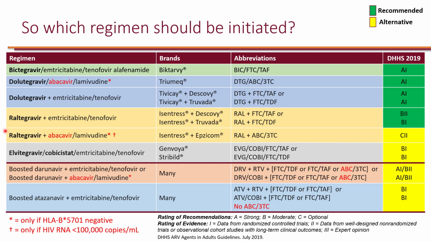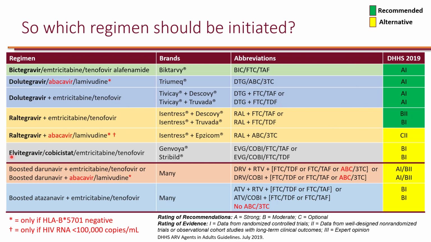This is primarily because for abacavir you need to get the HLA-B*5701, but it also makes it more complicated because with this regimen you should only use it if the HIV RNA level, or the viral load, at baseline is less than 100,000. And that's because if the viral load was higher than 100,000, this combination with this backbone is not as efficacious. So therefore, because we have so many other options, the guideline says don't worry about it, use something else because they're better.